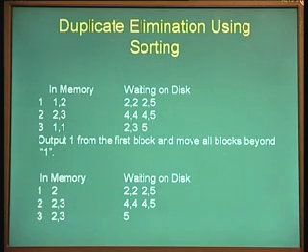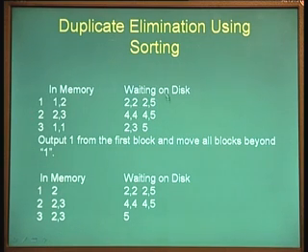Let us look at duplicate elimination with an example that makes the process much clearer. Let us assume that, as shown in the slide here, this is the first set of m blocks of data that is written, that is, 1 2 is in the first block, 2 2 is in the second block, and 2 5 is in the third block.